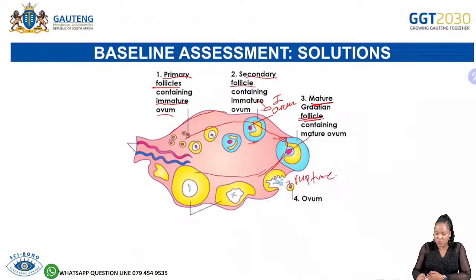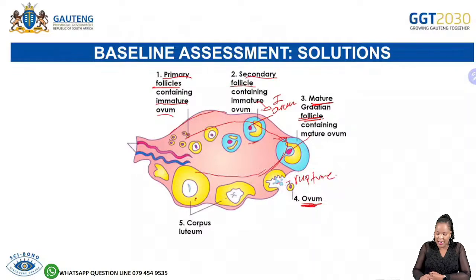But I want us to go through this process in detail when we talk about the hormones. But for now, we talk about what we see here on this diagram. So when it ruptures, it releases what? An ovum. And therefore, after releasing this ovum, remember we are still talking about our Graafian follicle, it changes the name. Look now, after it has ruptured, it becomes yellow.